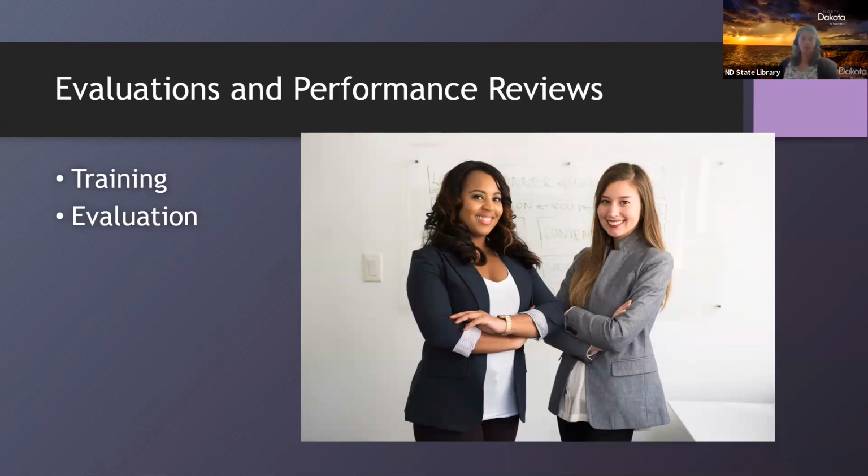An additional piece that you can add to the evaluation is an evaluation by the library staff of the library director. Or if you have a larger staff, the immediate staff that report to the director, rather than all 30 or 50 of your staff. If this is something that your board chooses to add, timing matters.